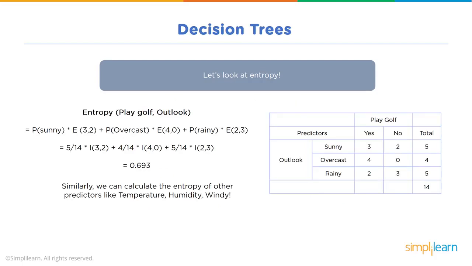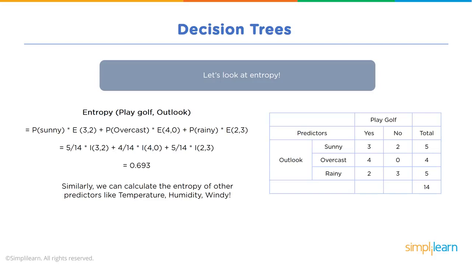And just like we calculated the entropy for the whole set, we can also calculate entropy for playing golf and the outlook. Is it going to be overcast or rainy or sunny? So when we look at the entropy, we have P of sunny times E of 3, 2. And that just comes out to how many sunny days yes and how many sunny days no over the total, which is 5. Don't forget, we'll divide that 5 out later on.